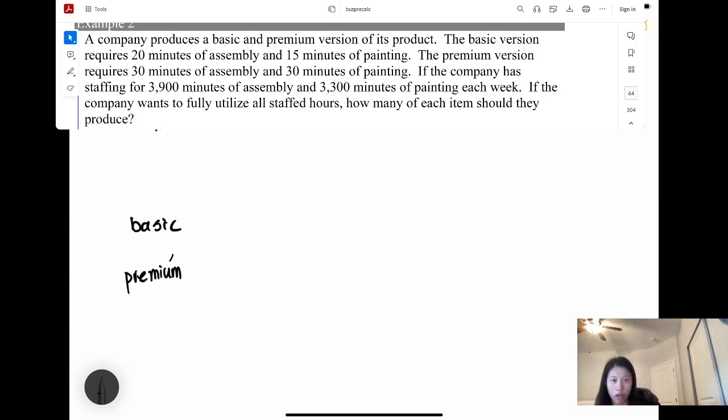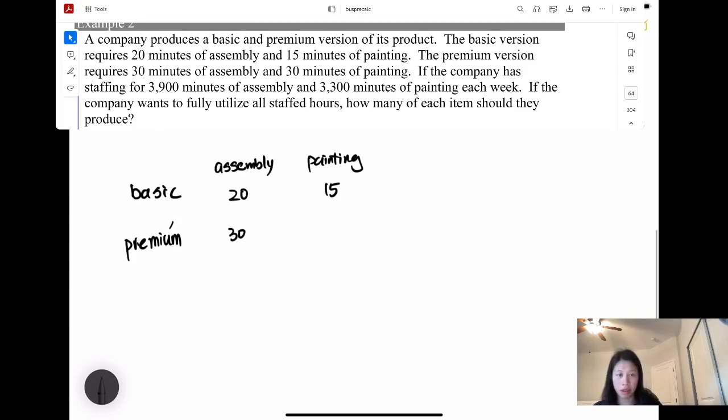So for the basic version, we have the assembly and the painting. It requires 20 minutes for assembly and 15 minutes of painting, right? For the premium one, it requires 30 minutes of assembling and 30 minutes of painting.